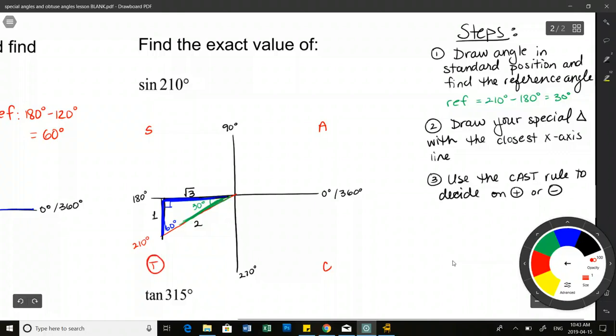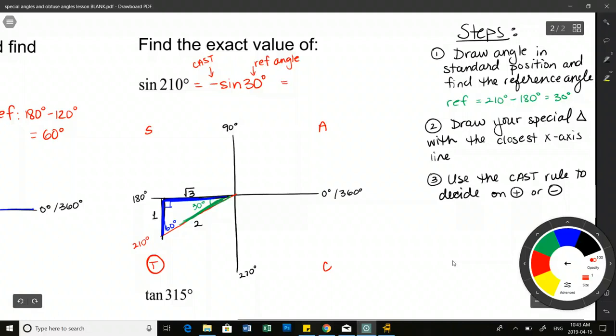So we are in the tan quadrant. I am taking the sine of something in the tan quadrant. What do we know about sine when it's in the tan quadrant? It's negative. So this is actually going to be equal to the negative sine of the reference angle, the negative sine of 30 degrees. And this comes from the CAST rule, the negative part.